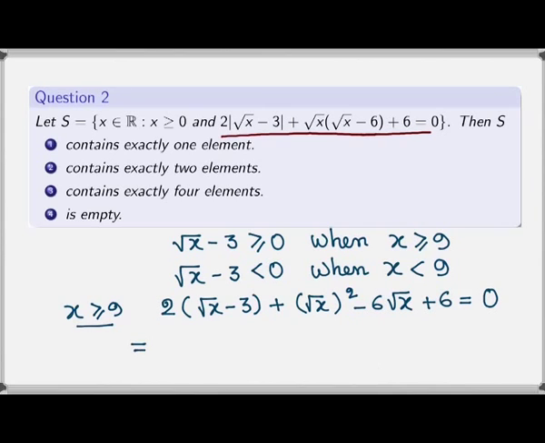So therefore we have the equation (√x)² − 4√x = 0. This is a quadratic equation in the variable √x. As the constant term is 0 here, we can solve it very easily. So this is √x(√x − 4) = 0.